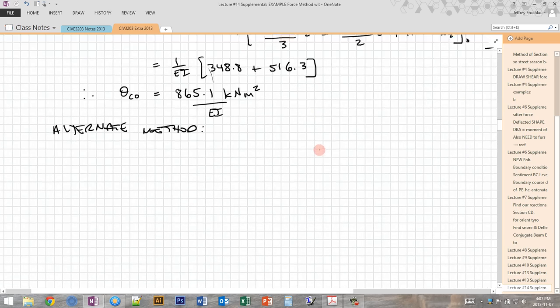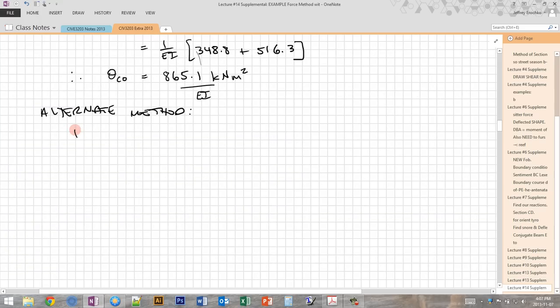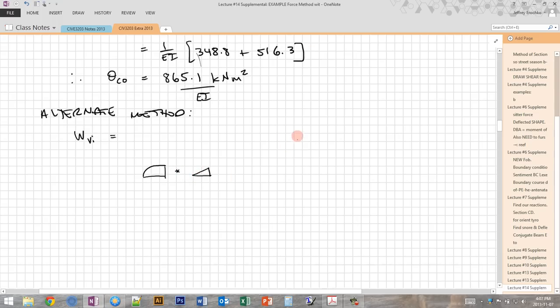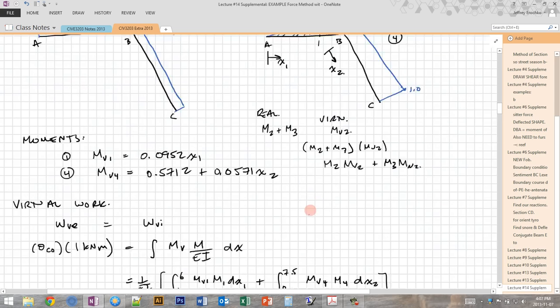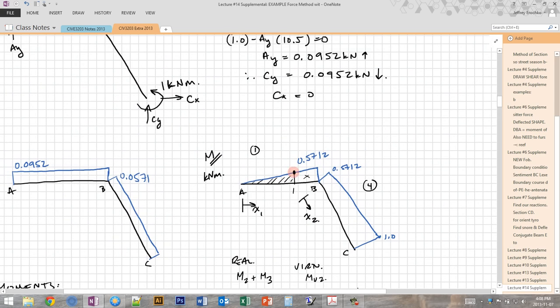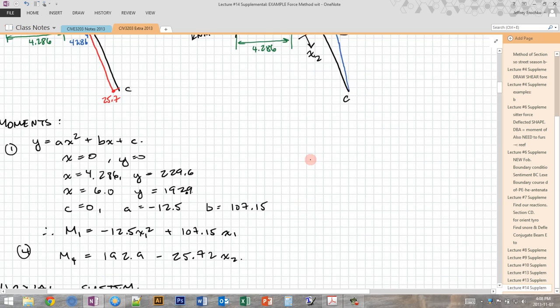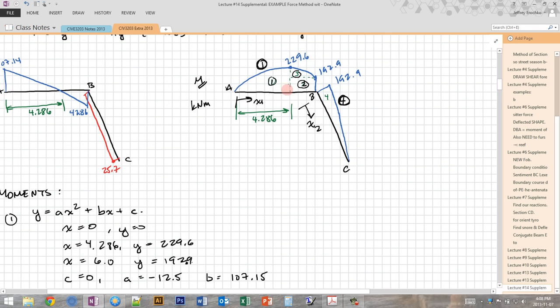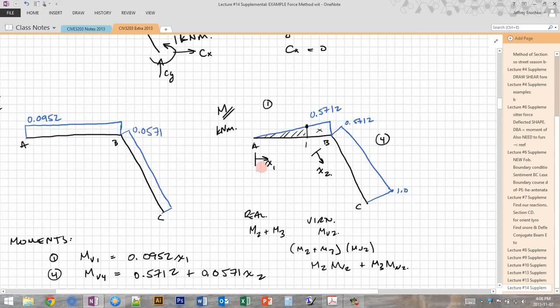So if we want to look at doing that, we're looking to find our internal virtual work. The first piece is the large parabola times the triangle, and the triangle is only up to this point, which is equivalent to the same point on this parabola where it hits the max, so that's 4.286 from the left.